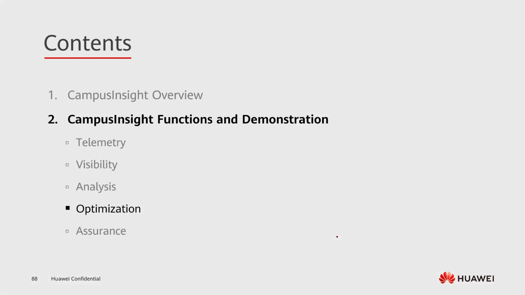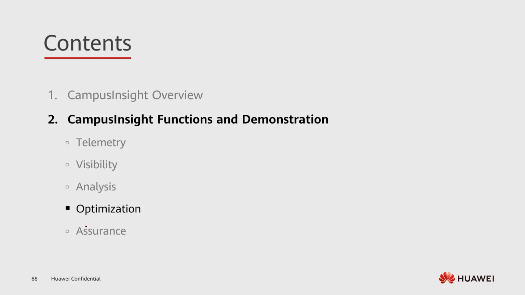Okay, this is the function for the analysis. For the analysis, it has a lot of methods and ways for you to detect and analyze the network. And you can, based on your requirement, check different analysis pages to get the information about your network.